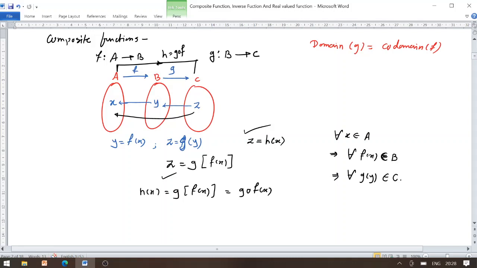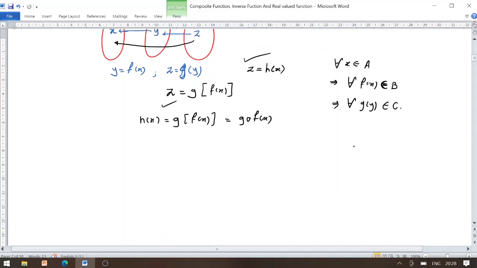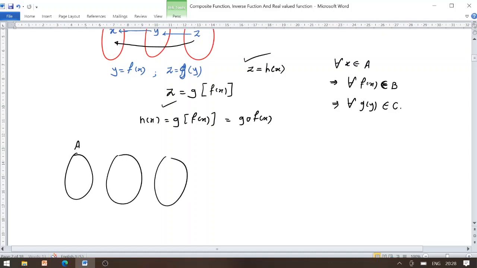Now let us consider one example. We have three sets. Set A having the elements 1, 2, 3, 4. B having the elements 1, 4, 9 and 16. So there is a square relation, that means y equals f of x equals x square.